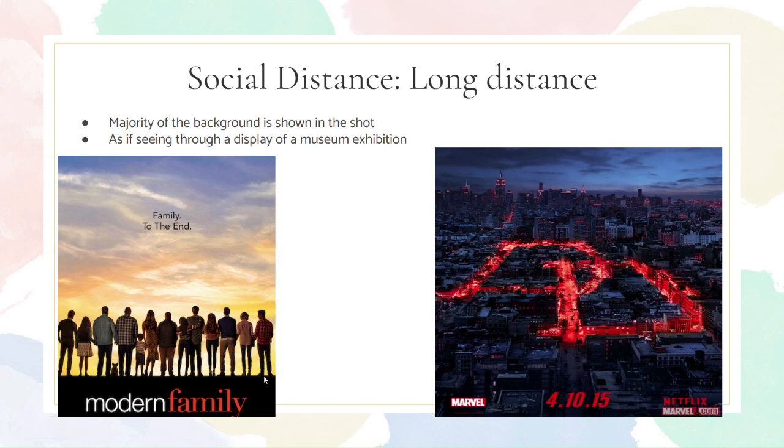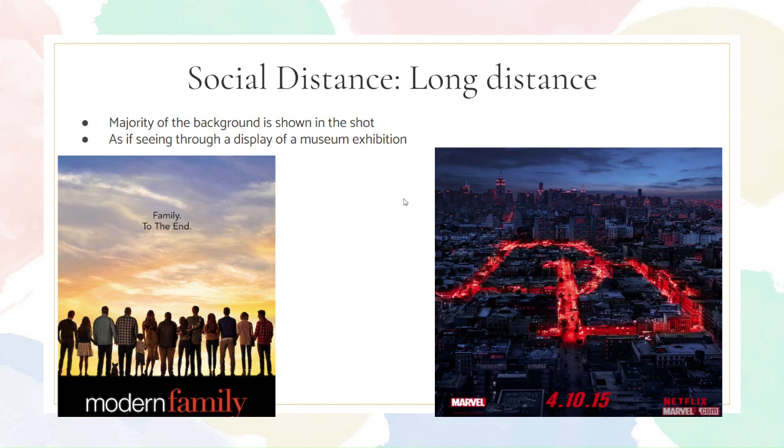Compared to the medium distance and close distance, we cannot see the details of the characters, but we can see the characters. It's further away, and it feels as if we're looking at it through a window, or maybe we're present and we're seeing it happen.